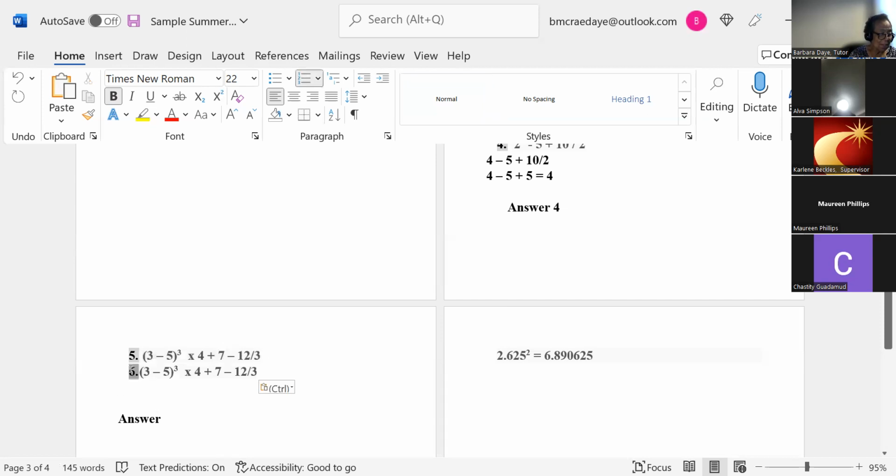Okay, so I'll put the minus 2 here. That's a minus 2 to the third power. So do that: minus 2 times minus 2 times minus 2.